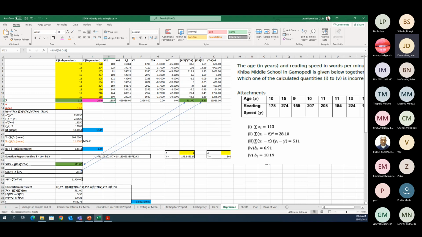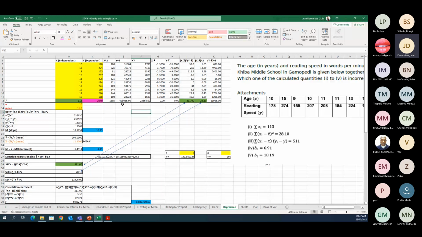The sum of y to the power of 2, there it is. If you needed the sum of x times y, there it is. So in here are things that for now, in this question, we did not use, but it might be that they ask for that in a different set. So we have x to the power of 2, y to the power of 2, and the xy is in here for you as well to look at if needed.